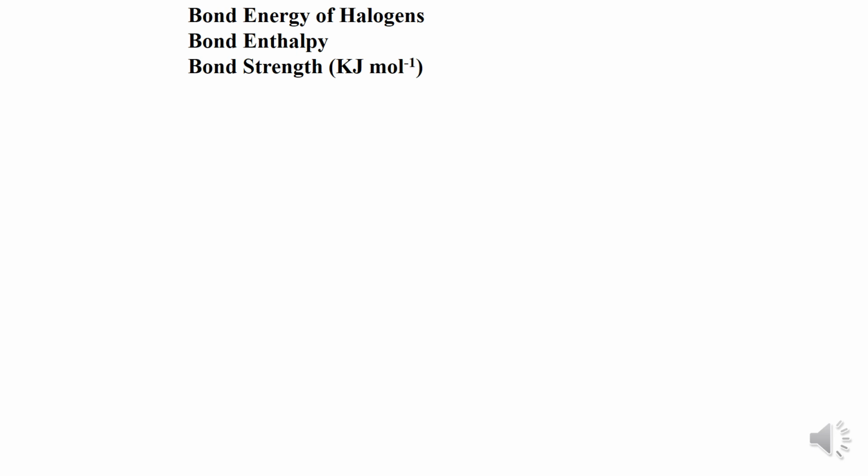Now talking about the bond energy of halogens. Bond energy is the amount of energy required to break a bond. The other synonymous names used to express bond energy are bond enthalpy and bond strength, and it is generally expressed in kilojoules per mole.